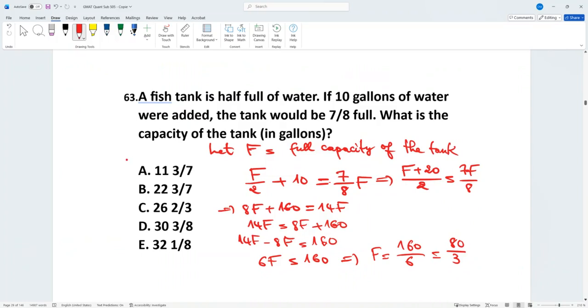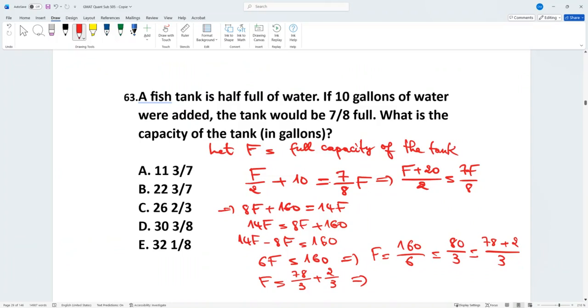Now we can look at the answer choices. How can we get a value here? So we are going to divide this. 80 is actually equal to 78, which is a multiple of 3, plus 2. The whole will be divided by 3. And then F will be equal to (78 + 2) over 3.